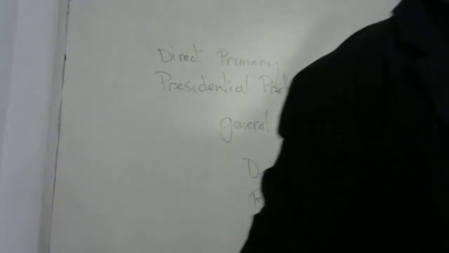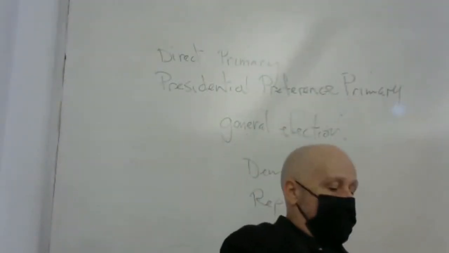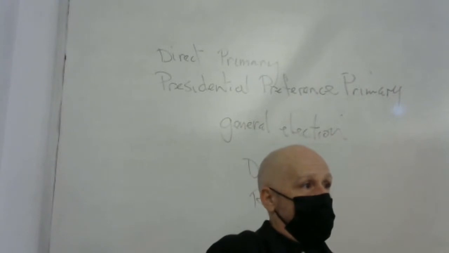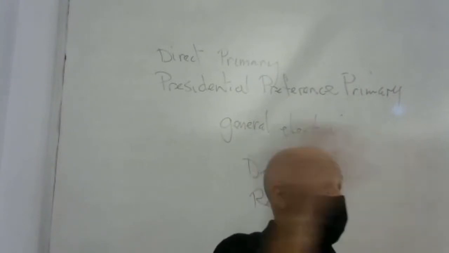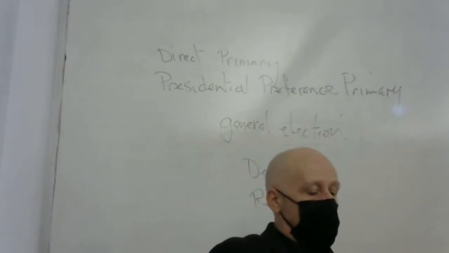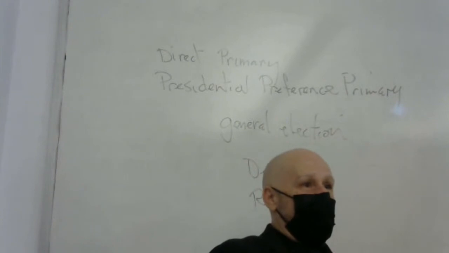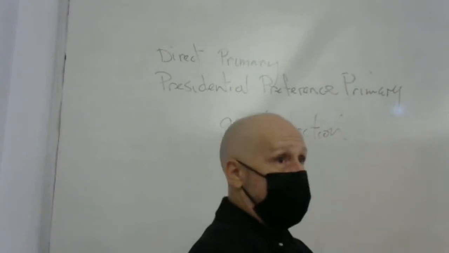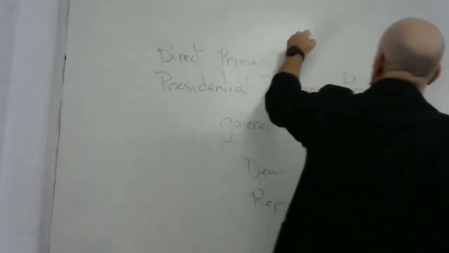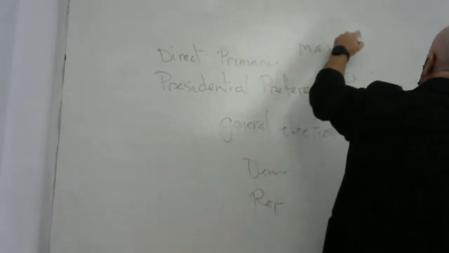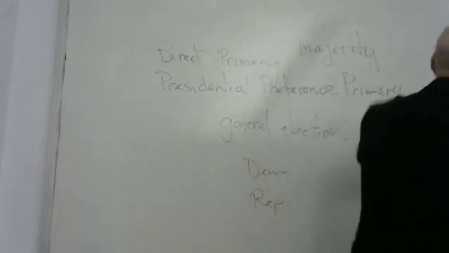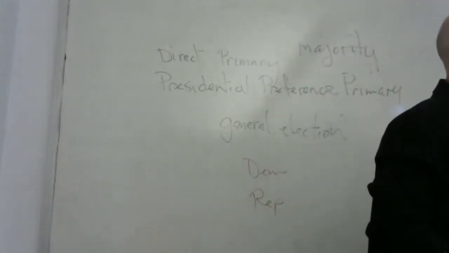Well, I'm going to try to keep it simple, okay? In a direct primary, voters like you and me go into a voting booth and we cast our ballot for the candidate of choice. The votes are counted up at the end of the voting period, and the candidate who gets a majority of votes, as distinguished from the most votes, okay?